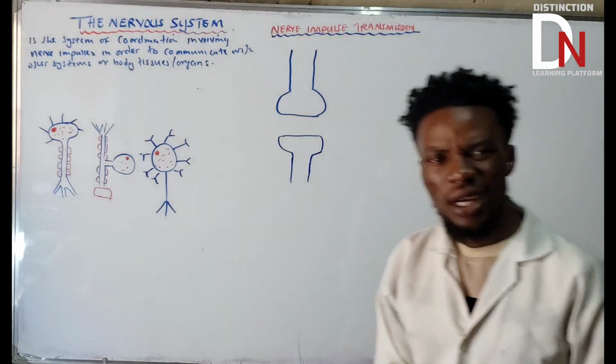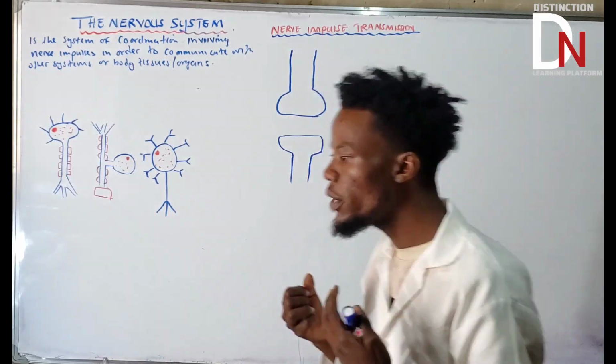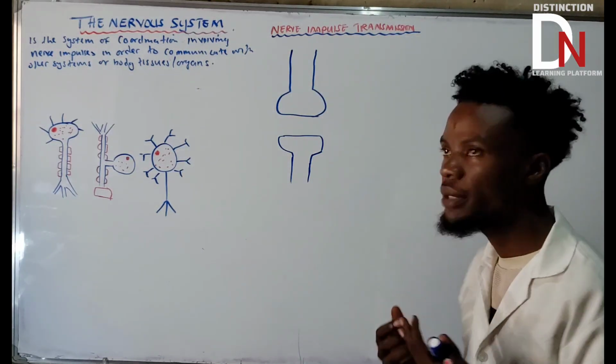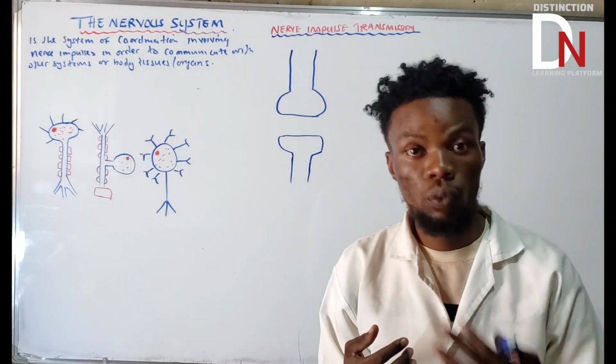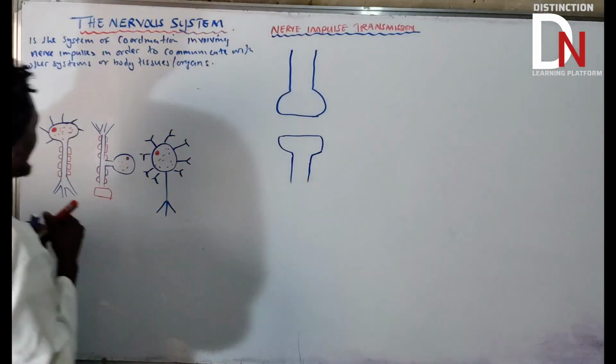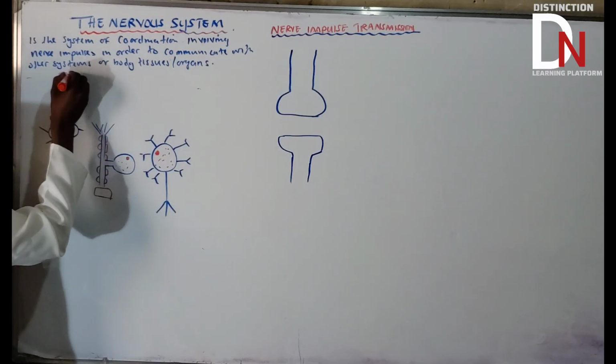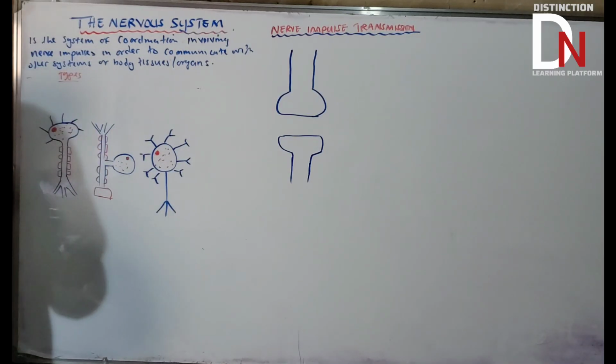Now the question that you can ask is how many types of nervous system do we have? We have two types of nervous system. What's the first one?